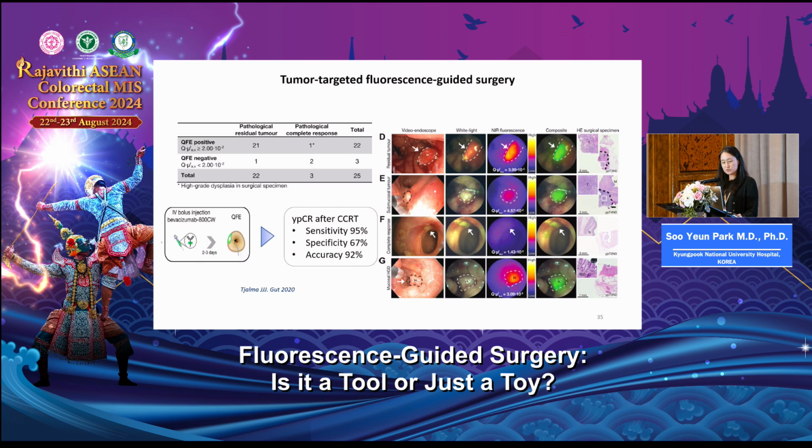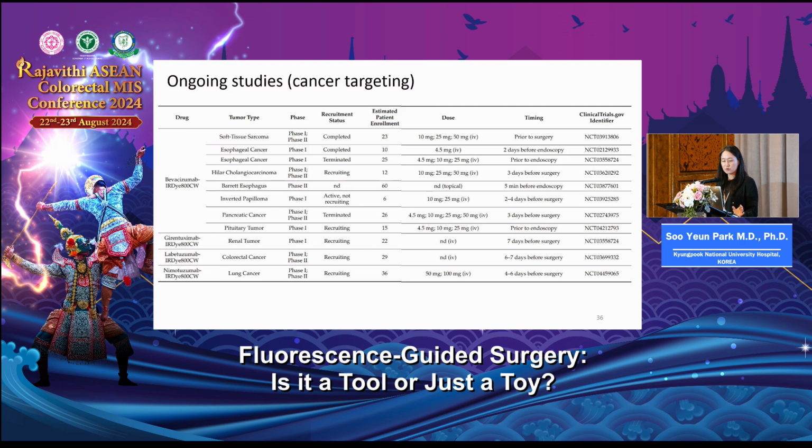This study used bevacizumab-conjugated IR dye for tumor evaluation, and they could find very accurate evaluation of pathologic complete response after CCRT. However, these are all ongoing phase 1 or 2 trials, so we need much more evidence to use them in the clinic.